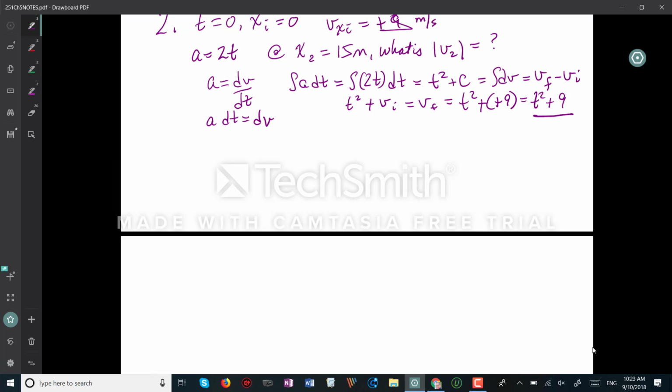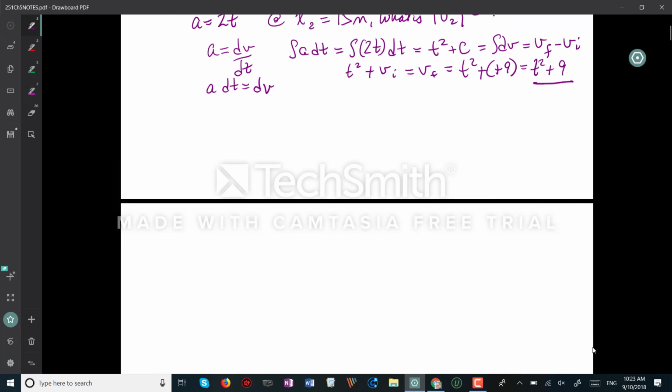Okay. Are we ready to get our answer? No. Why? What's the condition? What was specified? We need x2, don't we? Right? So what do we have to do? We have to go back to the definition.